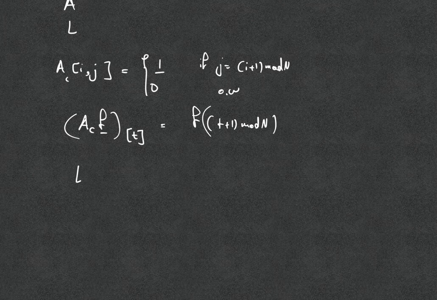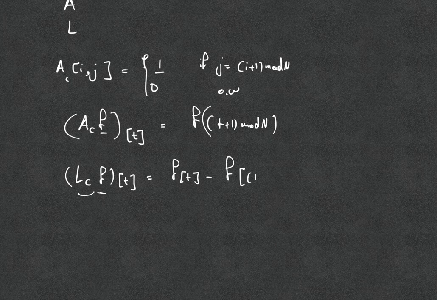And you can easily see that if you consider the Laplacian of this graph, and you multiply that matrix with the vector representation of this signal, you will obtain this value, which is very connected to the difference.